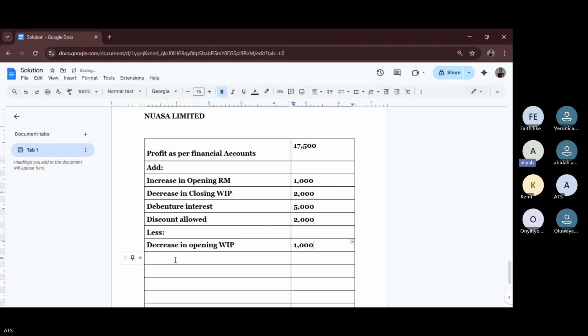Decrease in opening inventory again. Finished goods. Okay. Yes. 1,000. Okay. Then increase in closing inventory. Do we have? Yes. Raw material. Increase in closing inventory.